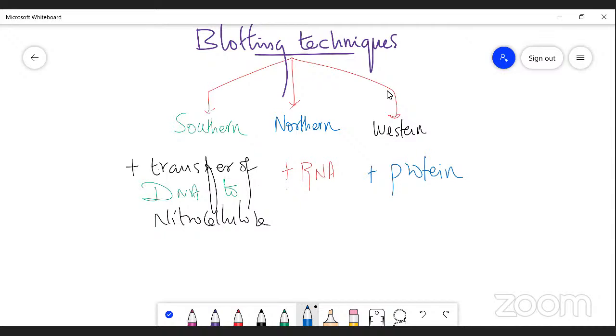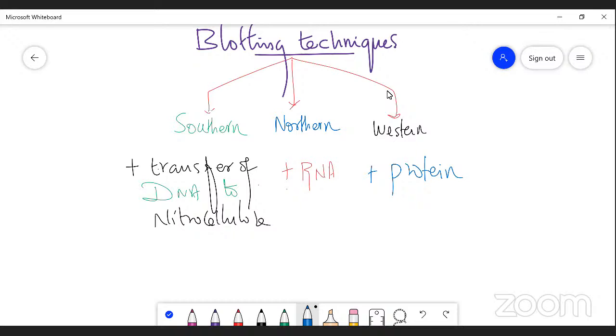Here, blotting technique is broadly divided into three types. The first type is the southern method, southern blotting, a technique in which DNA is transferred from agarose gel to nitrocellulose membrane. As a result, we can get a number of copies by hybridization technique. Whereas the northern method is a process by which RNA is transferred from gel to nitrocellulose membrane or blotting paper.